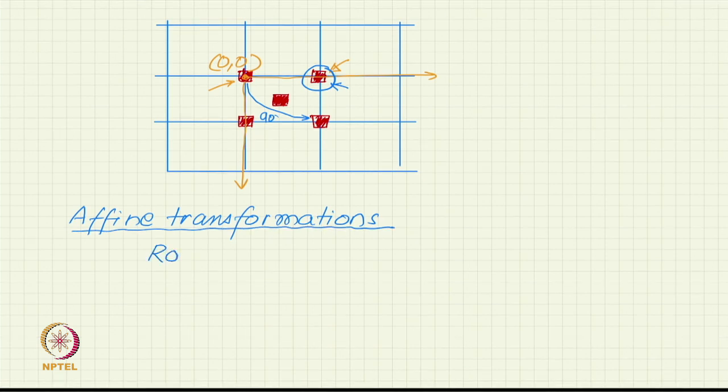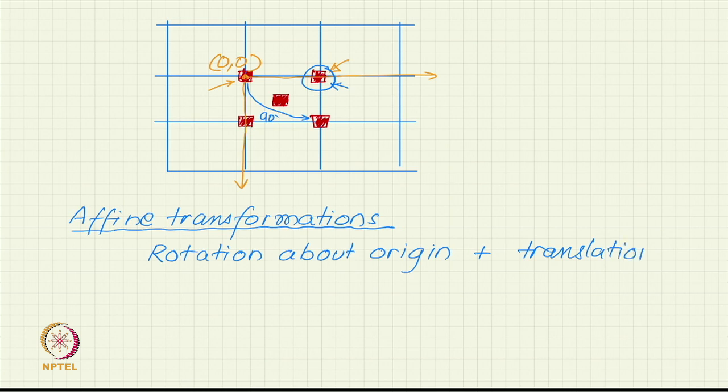And we can represent this affine transformation as rotation about the origin plus translation. This is the first operation.